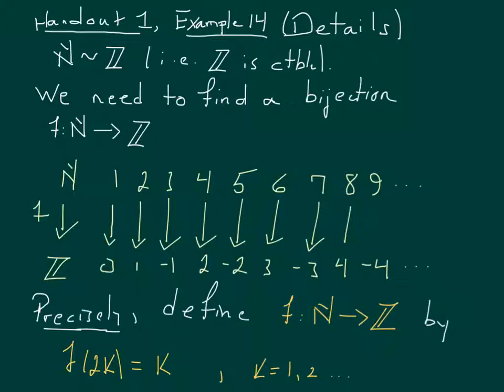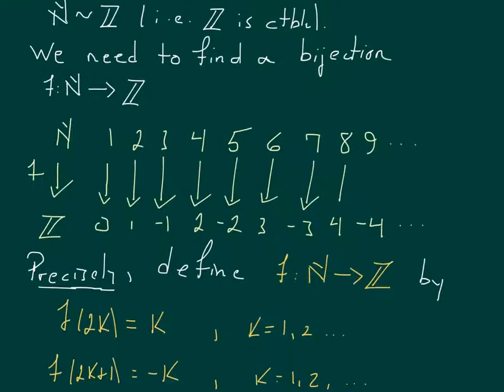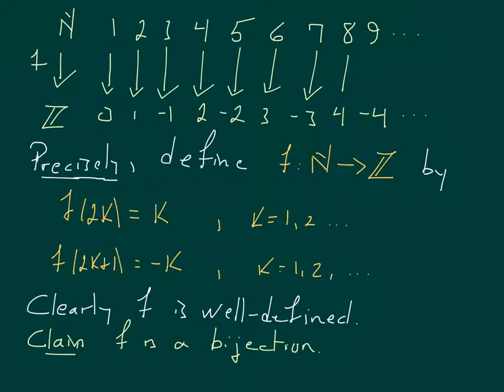But, of course, this is pretty good, and we can clearly see that Z is countable at this point, but in this class we want to learn to be mathematically precise, and so we want to have a specific formula for our function f from N onto Z, and we thought that this should work well. We did this in class.